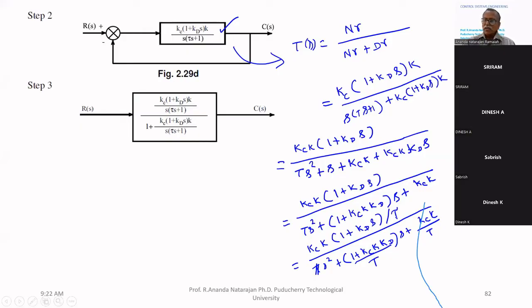Now we are writing in natural frequency form. Let us assume no proportional controller, that is Kc equal to 1.